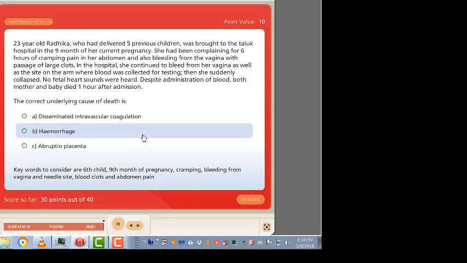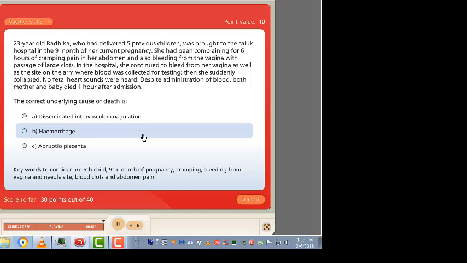23-year-old Radhika, who had delivered 5 previous children, was brought to the Taluk hospital in the 9th month of her current pregnancy. She had been complaining for 6 hours of cramping pain in her abdomen and also bleeding from the vagina with passage of large clots.